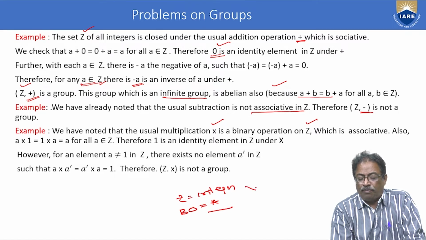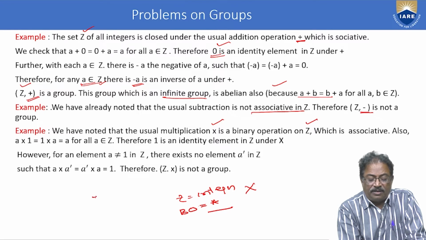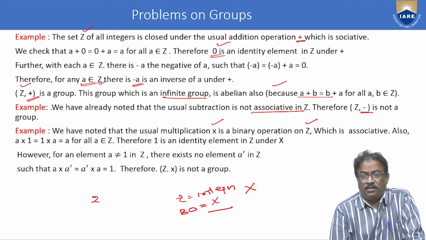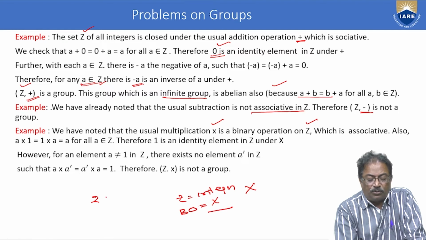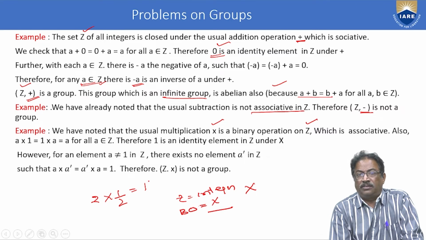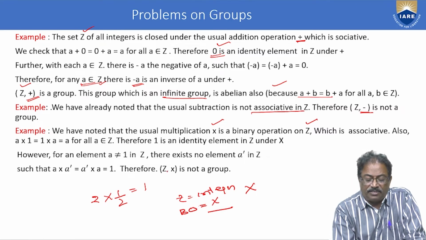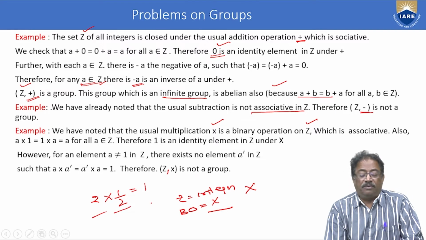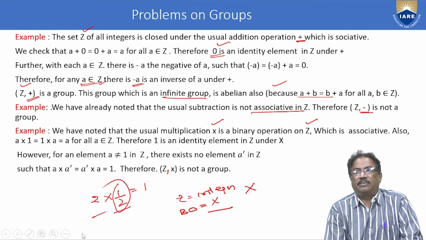Then it is not a group, because the multiplicative identity is 1, which is there in the integer set, but for an element like 2, the inverse is 1 by 2, and in general the inverse does not exist in Z.